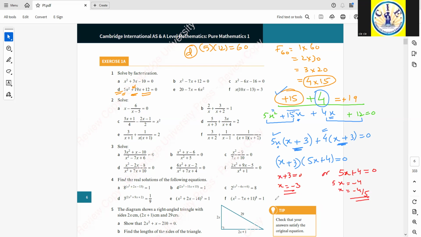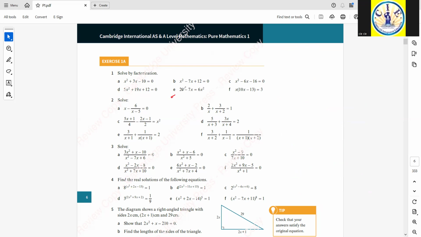Now it's the turn of part E. Let's first of all rearrange it. I've taken these two terms on the right side.